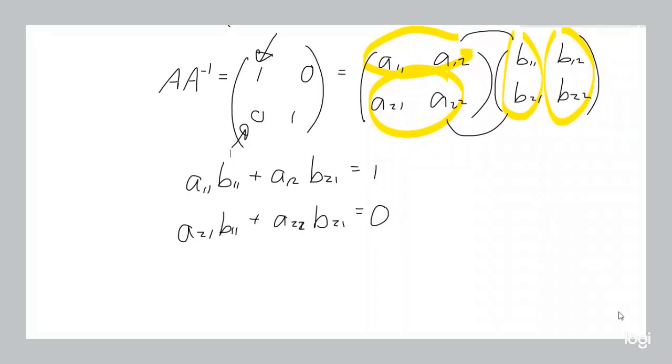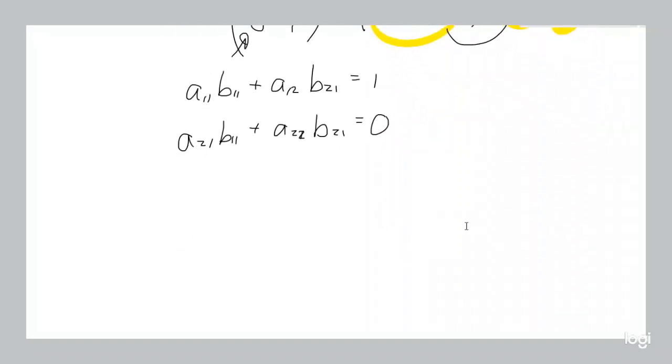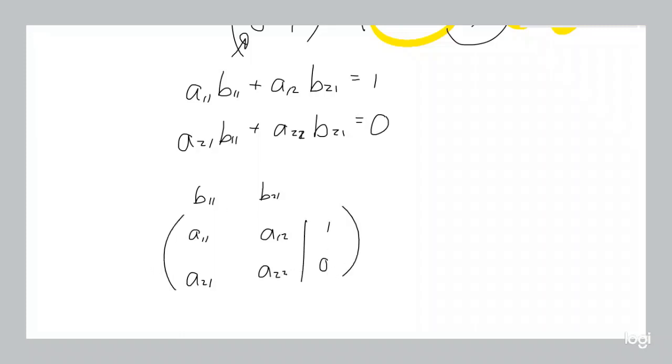So this is a system of equations which can be solved with an augmented 2x2 matrix, if we have one column representing B11 and the other column representing B21. We have A11, A12, A21, A22, and that's it.